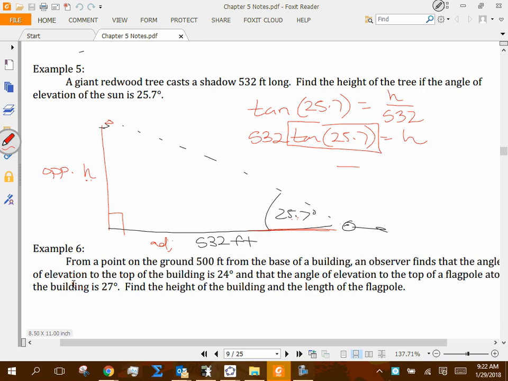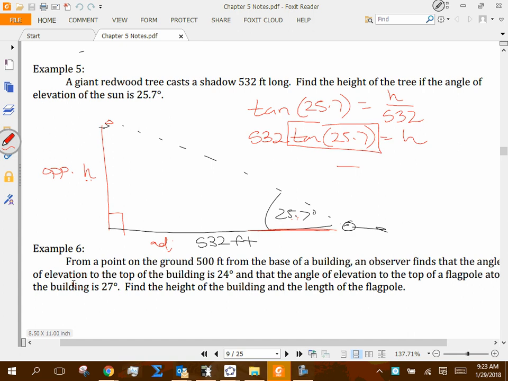Does that make sense? That number it's representing is an irrational number, so we cannot write the whole thing out accurately without rounding. So we write it as a symbol, like pi, or like square root of 2. So tangent 25.7 represents another number, and I can leave it like that, implying the multiplication of 532 and whatever that other number is.